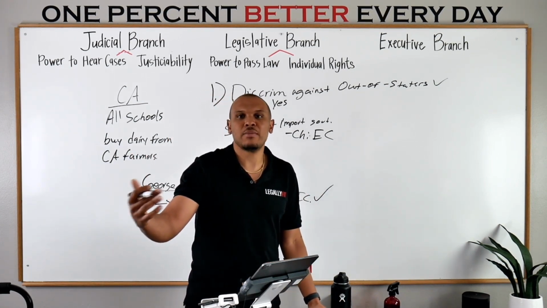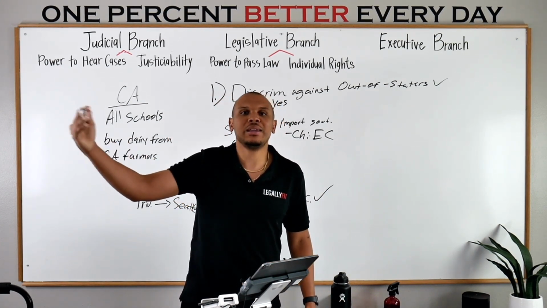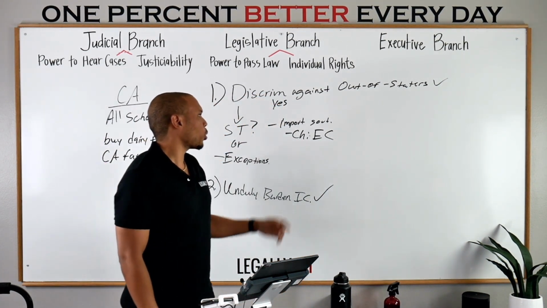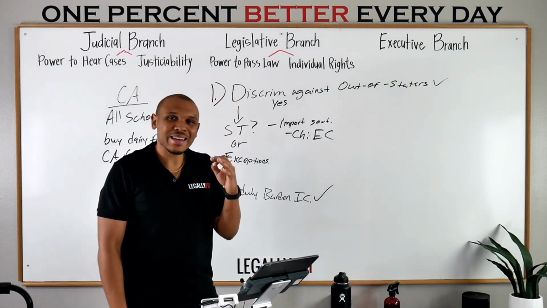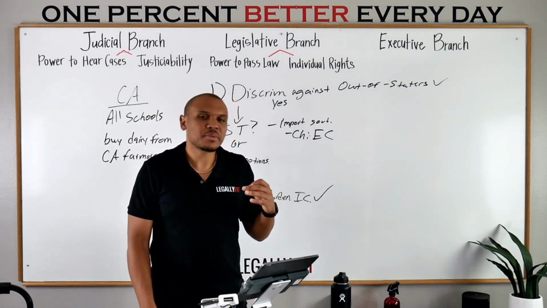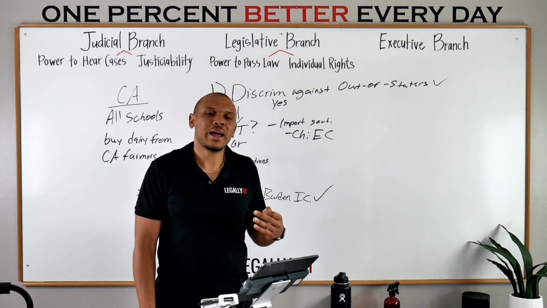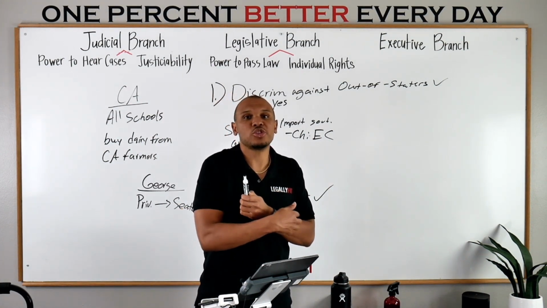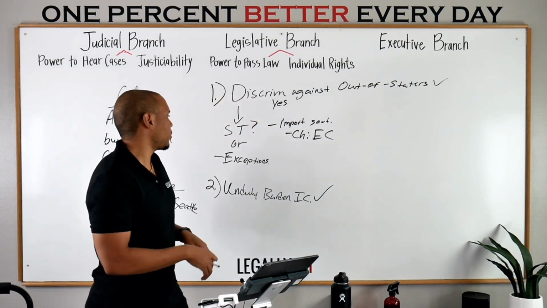That can incentivize them in a way where you're not discriminating against out-of-state farmers. So as you'll learn with those scrutiny tests, whenever you're doing the necessary part or substantially related part, you're analyzing another way they could have achieved the same thing without being as discriminatory. And so here you had one.